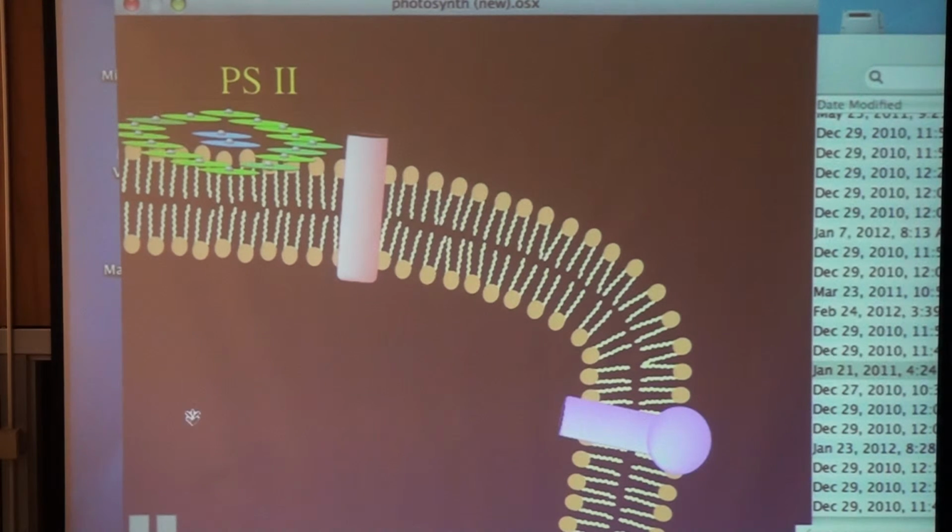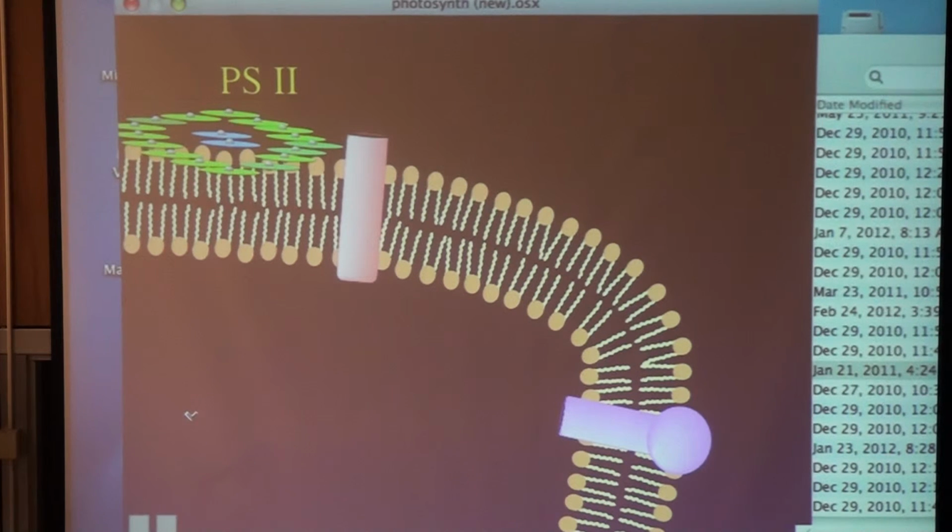Okay, so now we're going to get into the actual gory details of the process. So the phospholipid bilayer you see here is the thylakoid membrane. Here's the inside of the thylakoid. And who remembers the name of the watery liquid that fills the chloroplast that's out here?